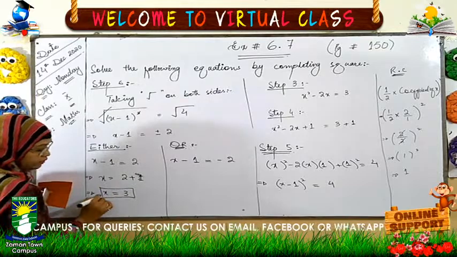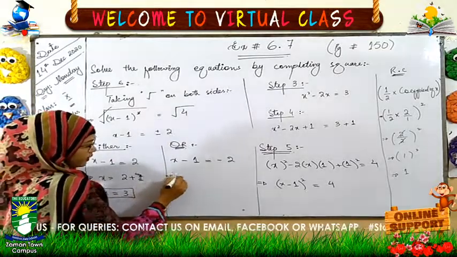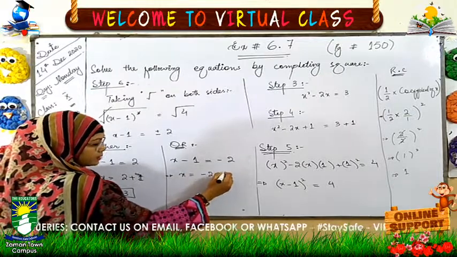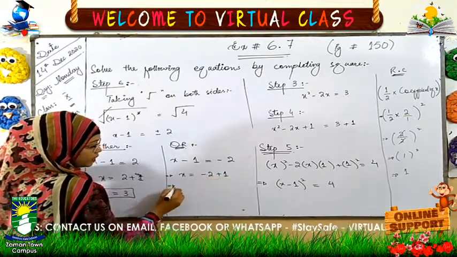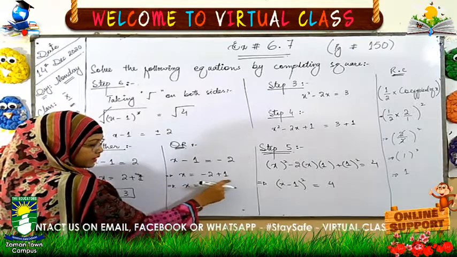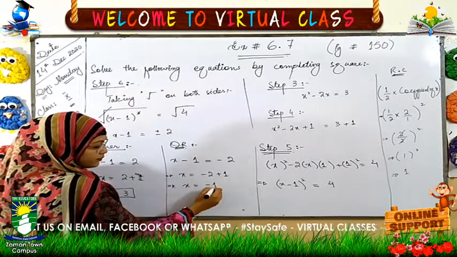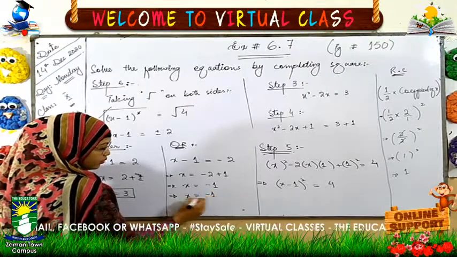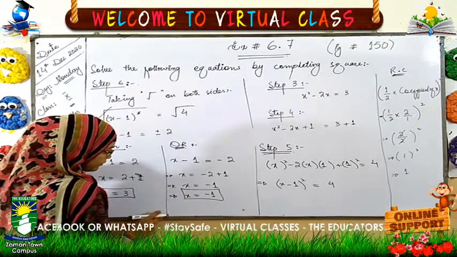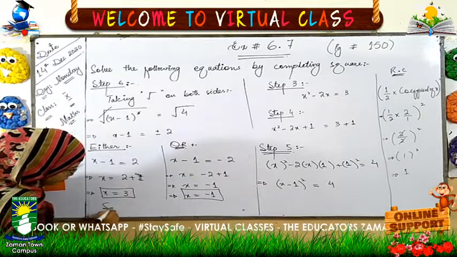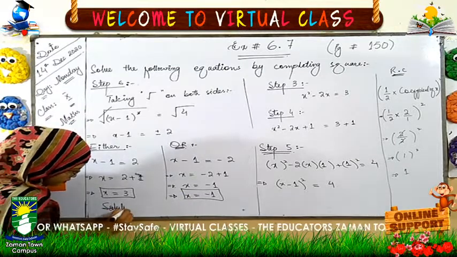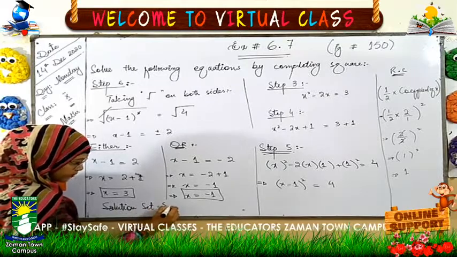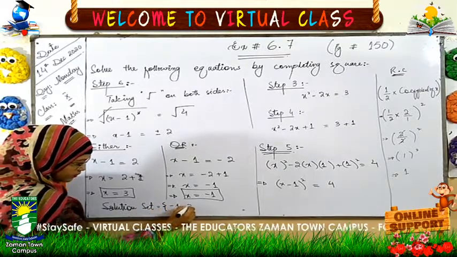First value. And the next value, x is equals to minus 2, minus 1 will become plus 1. So minus 2 plus 1 will become minus 1. So the next value for x is equals to minus 1. So the solution set is equals to minus 1 and 3.